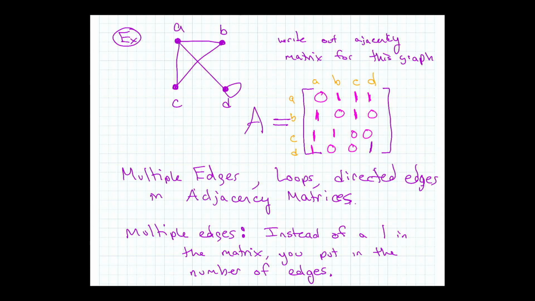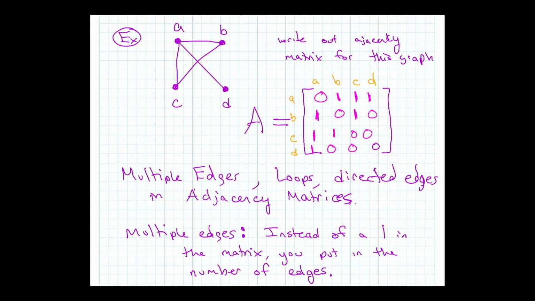There are some books and people that would put a 1 here because that is one edge. But then they will not have a theorem that says that the sum on this row is the degree of D. There are other people that would like to put a 2 here because then the sum of this row would be 3, and the degree of D is 3. So what are we going to do? It's a good question. I don't remember. So let me read the book and see what it says.